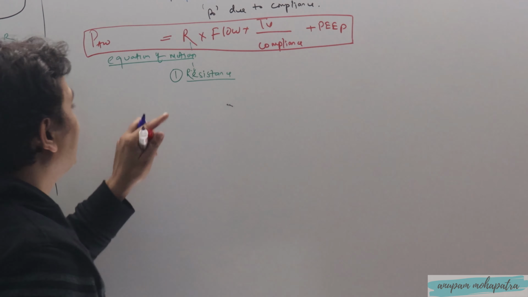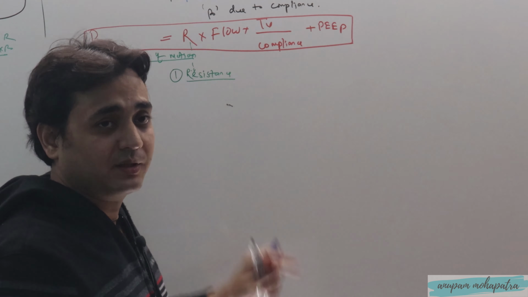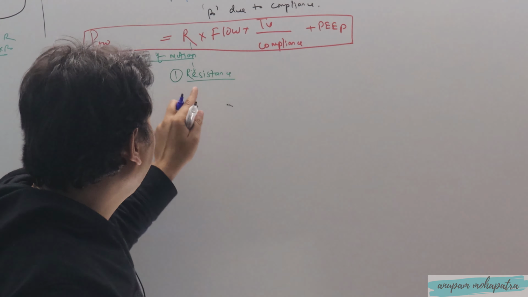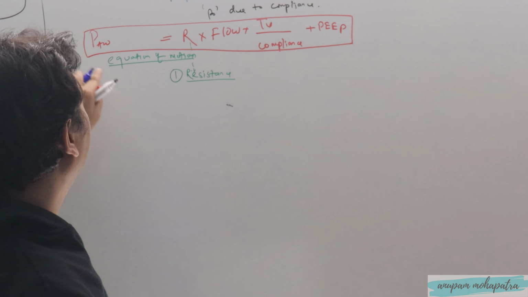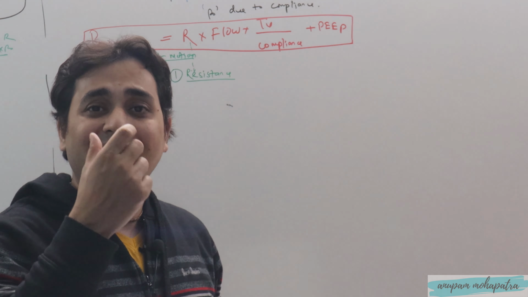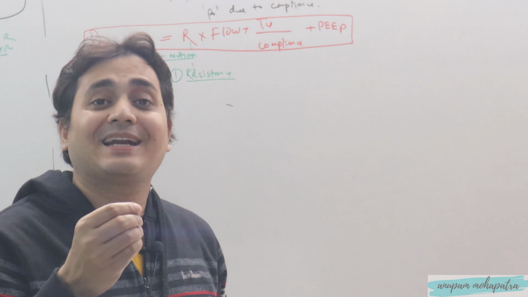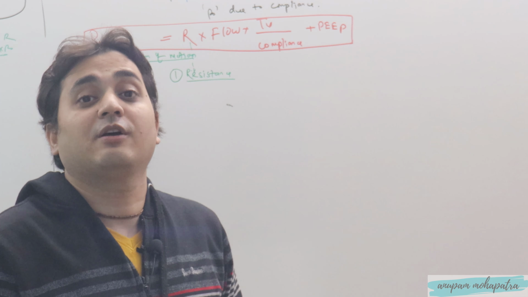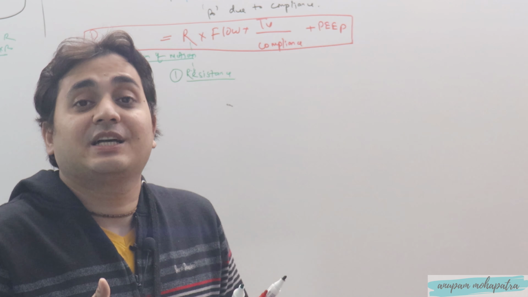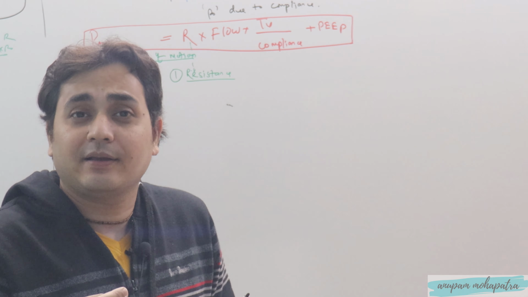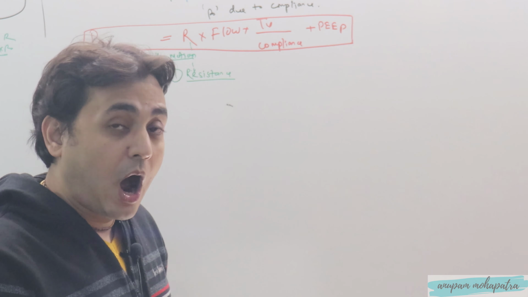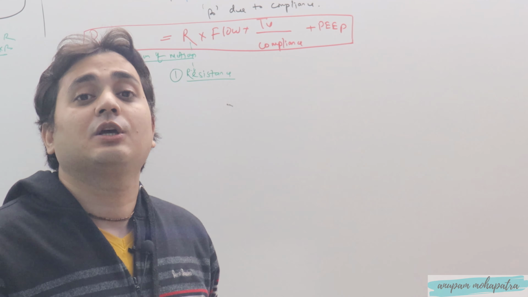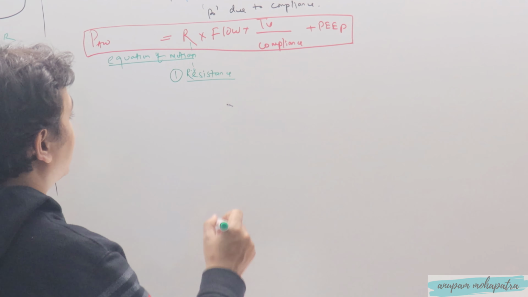The resistance of the airway can determine the peak airway pressure. For example, you have an ET tube and you have selected a very small size. Then resistance will become very high. Or there is some secretion, clot, or kinking. How else can resistance increase? By bronchospasm.